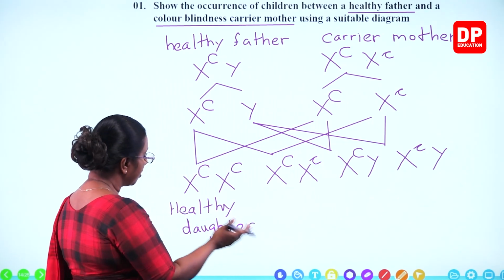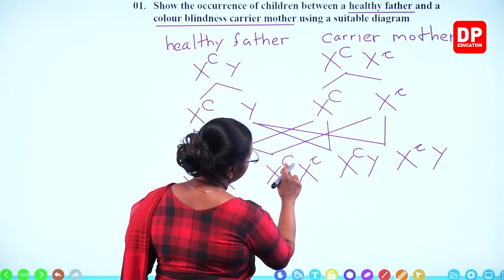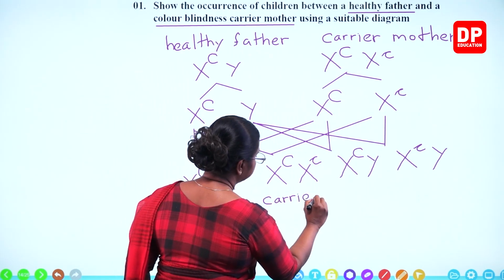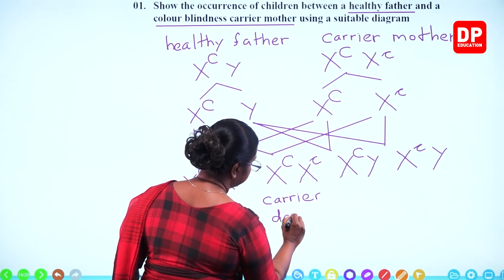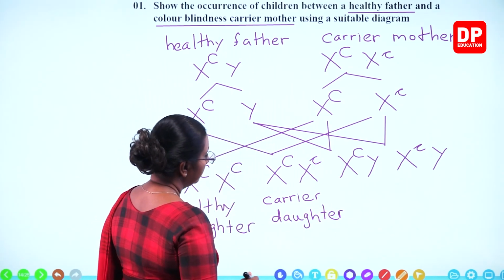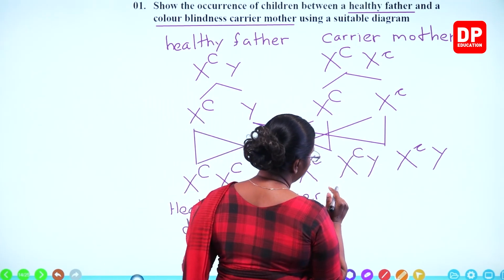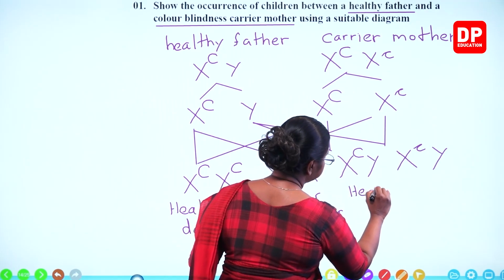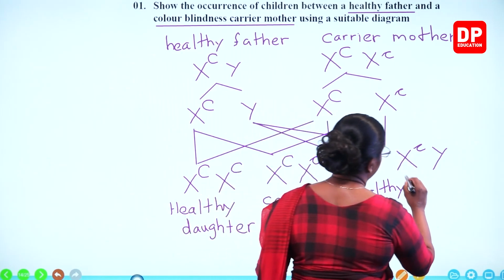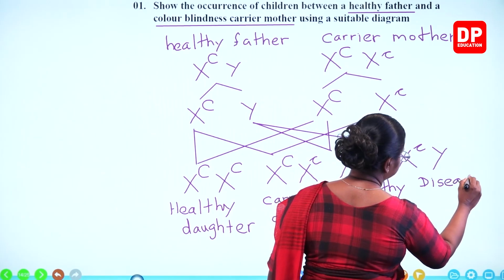You can write healthy daughter or healthy female, anything is fine. This is capital C, simple C, carrier daughter, because it is both X. And then we have capital C in X and Y, healthy son, and here simple C, so diseased son.